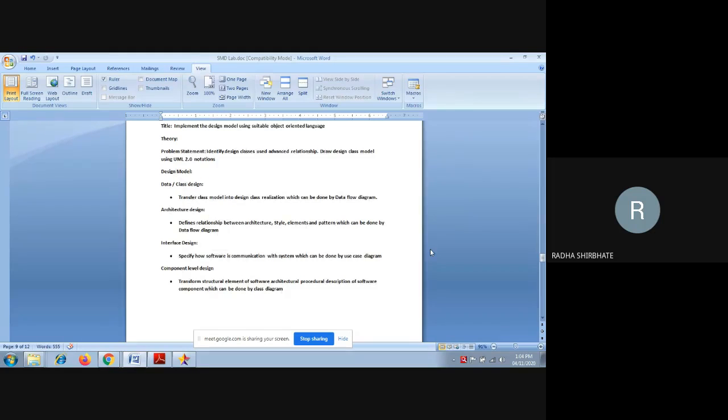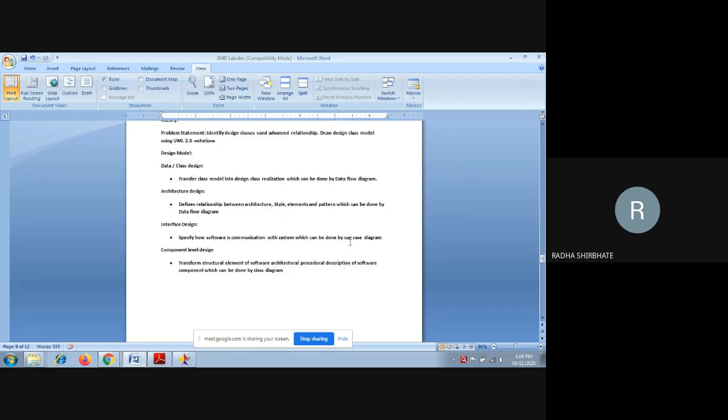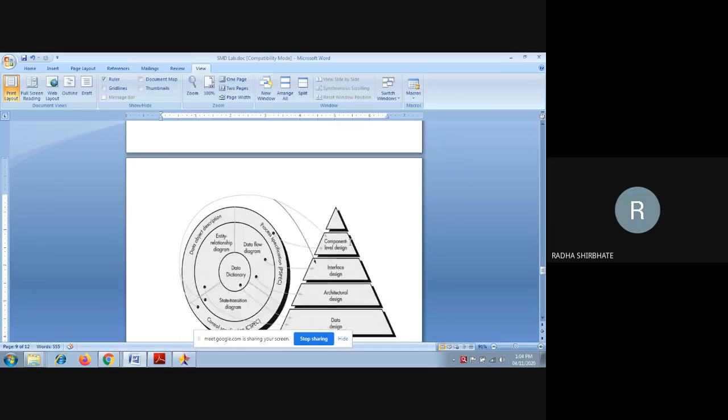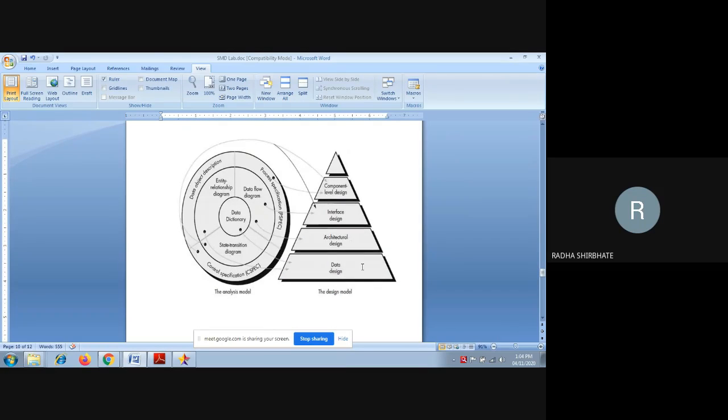Whenever we talk about the design model, what parameters are required? The first thing we require here is the data or class design. This concept will be clear using this diagram. Now see what exactly we are doing under the analysis model. Under the analysis model, we identify the data dictionary.